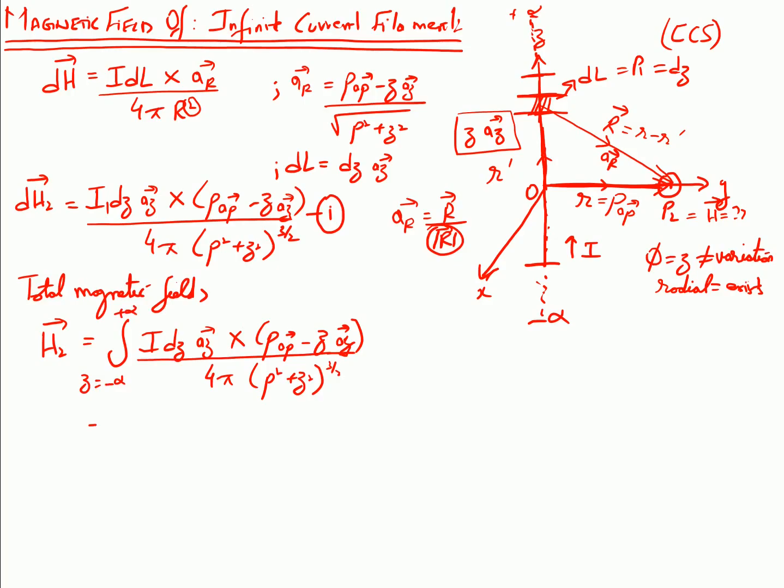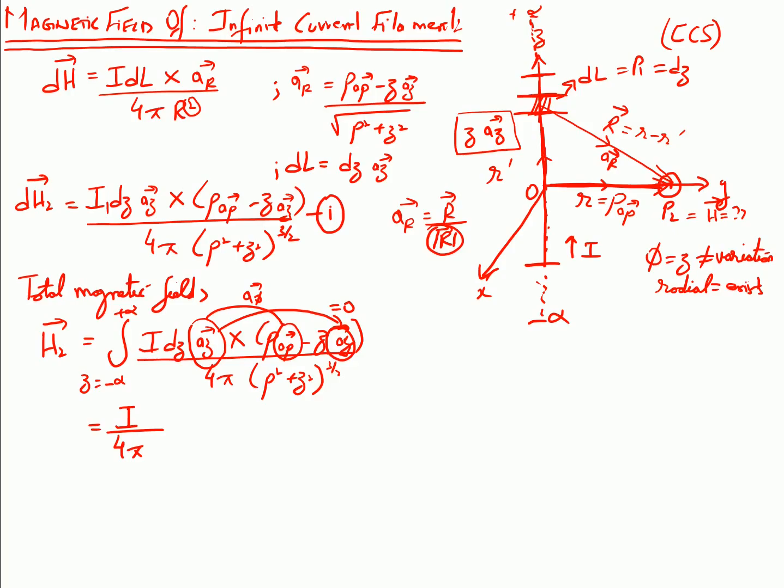We know that the coefficients will be taken out since the integration is along the z axis. So the coefficients will be I divided by 4 pi. What we can do is, if we look at the cross product of unit vectors a of z with a of rho, it will give us a of phi, and the cross product of az with az will be equal to 0.